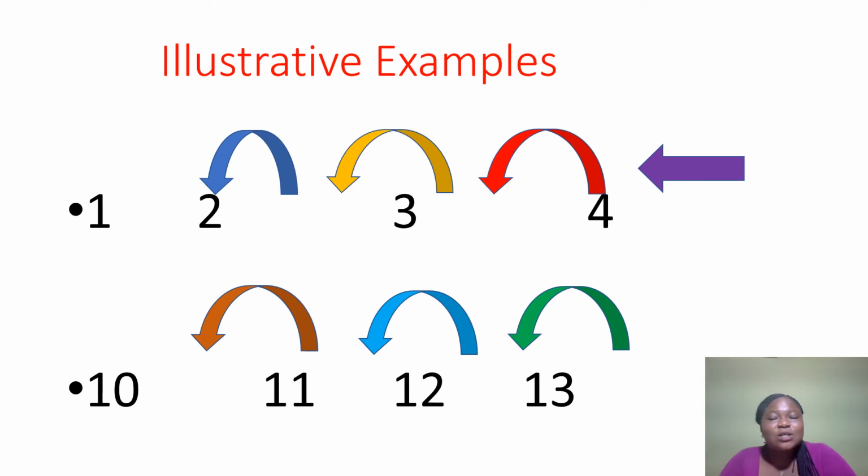Good. Let's do the second example. We have 10, 11, 12, and 13. Where are we going to start from? We are moving backwards. In our previous lesson, we started from 10 and moved forward to 11, adding.